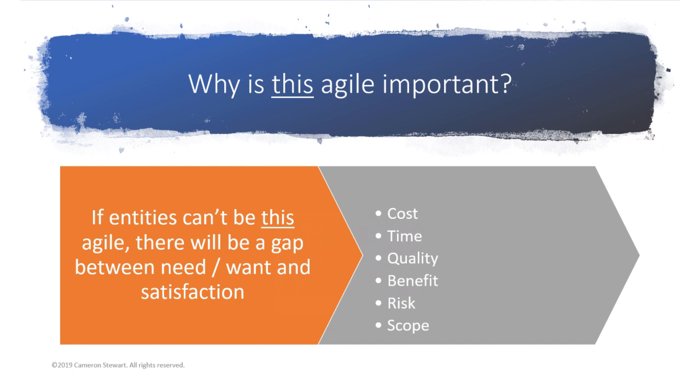And this gap could manifest in several ways. Here are 6 as an example. Cost, time, quality, benefit, risk, and scope. In each of these relationships, a gap could open up.